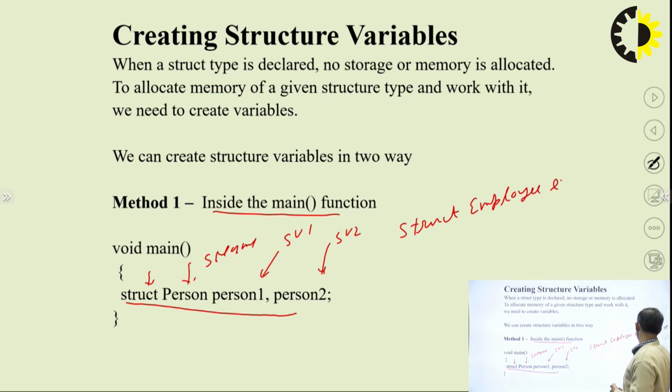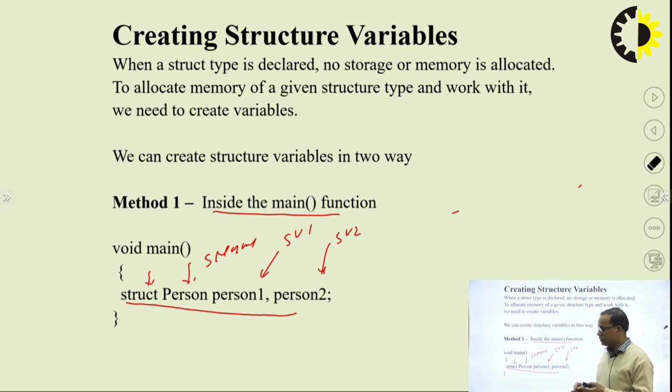Suppose the first variable is E1 and the second variable is E2. In this way we create the structure variable inside the main function.